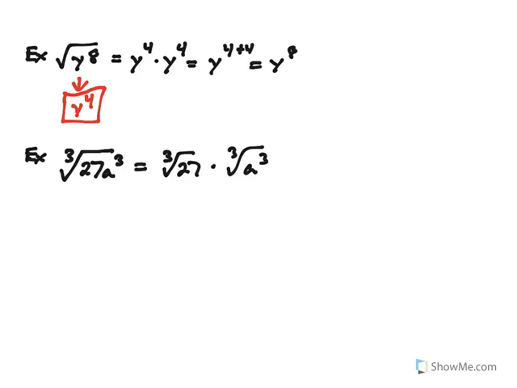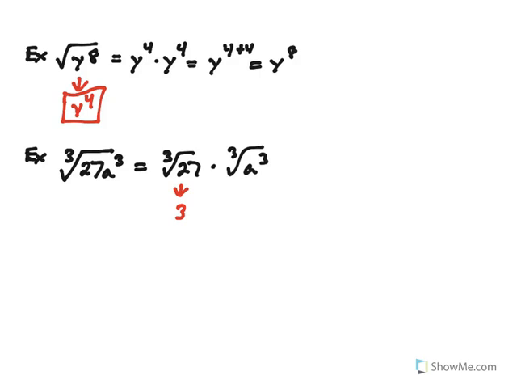Now, can we take the cube root of 27? Is that a perfect cube? Actually, it is. It's a very common cube. 3 times 3 is 9, times 3 is 27. So it helps to know the perfect cubes. If you don't, then just review those because they're very common and you're going to see them quite often. The cube root of 27 is 3, because 3 times 3 times 3 gives you 27.